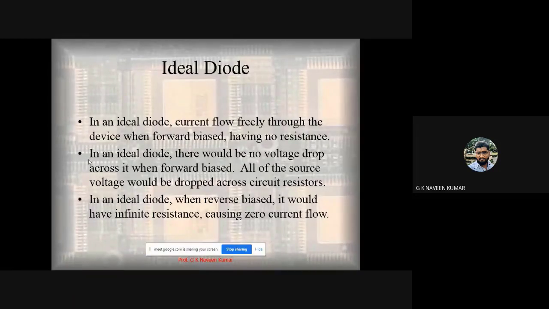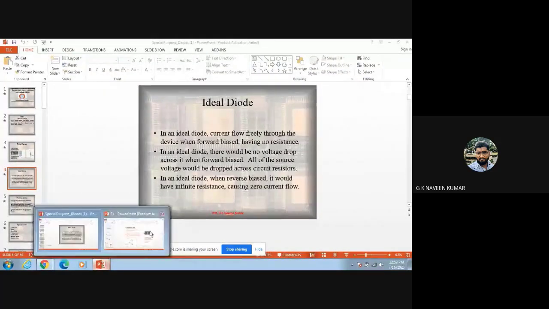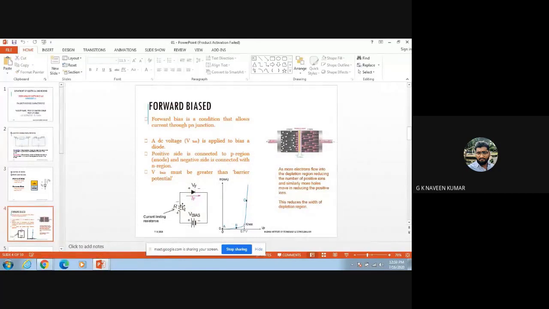Suppose we have connected one forward resistance. In the forward bias, this forward resistance is the resistance that exists for a practical diode. A practical diode is represented with a diode in series with the forward resistance.